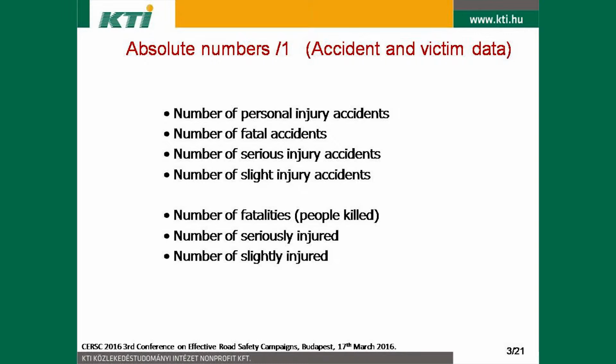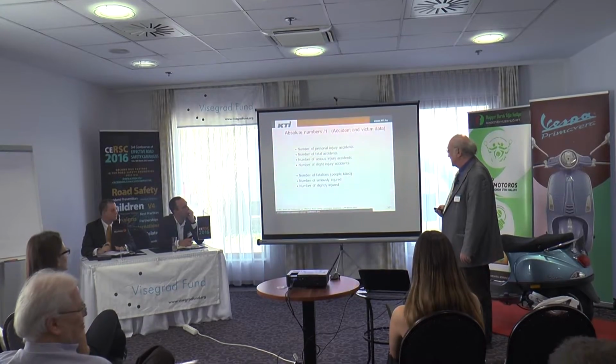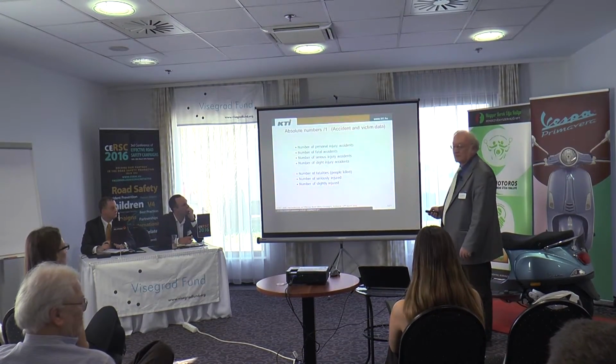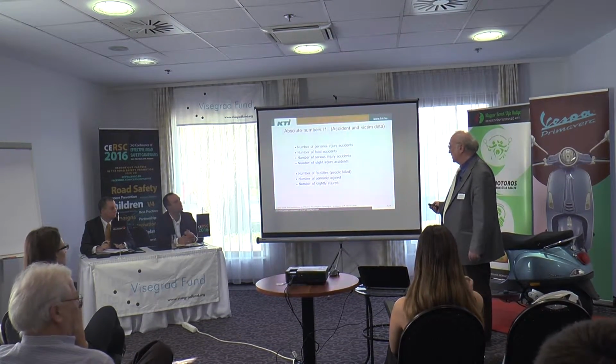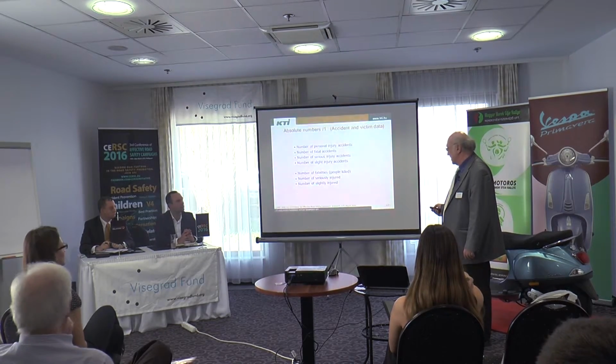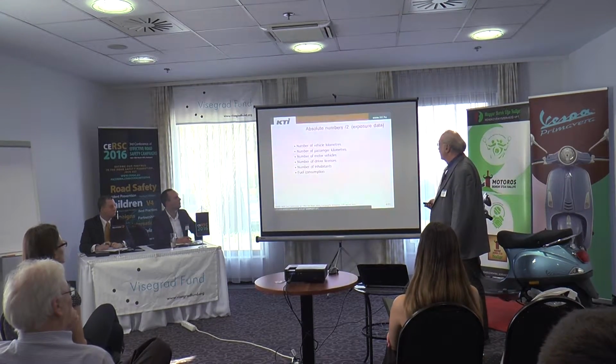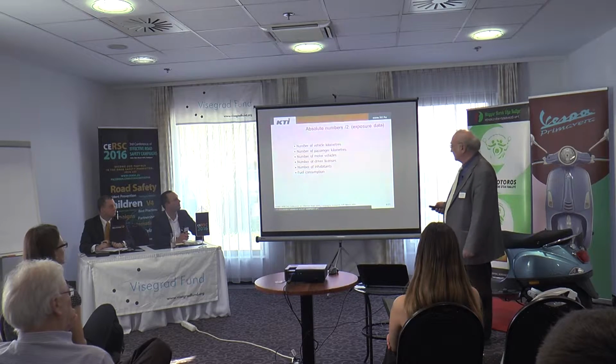So we have the number of personal injury accidents and the number of fatal accidents, serious injury accidents, and slight injury accidents. And the victims: number of fatalities, it means people killed, and number of seriously and slightly injured.